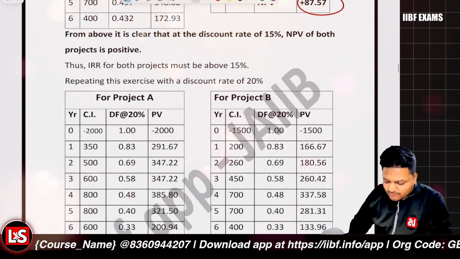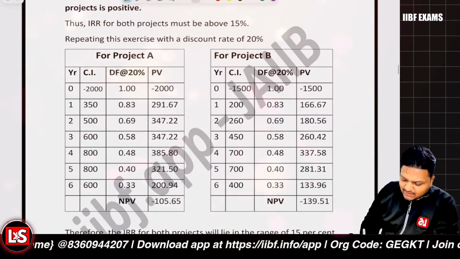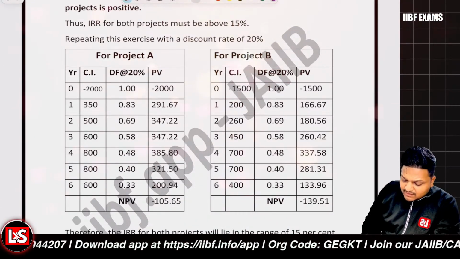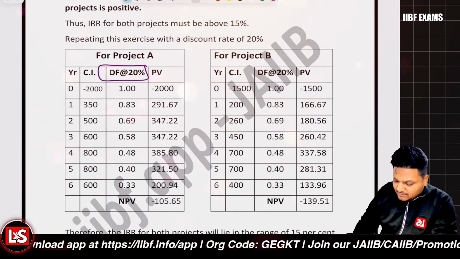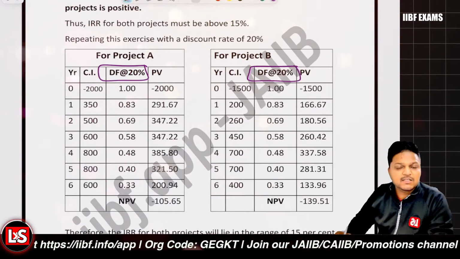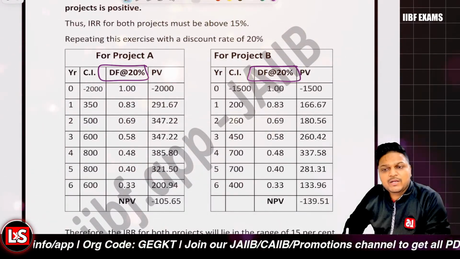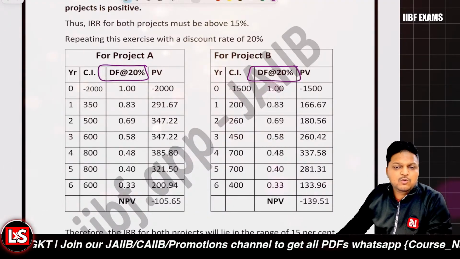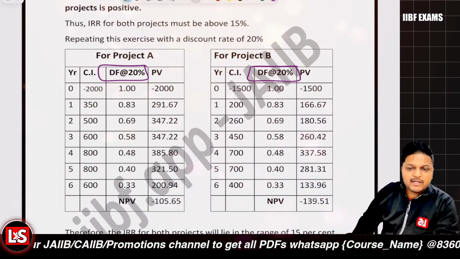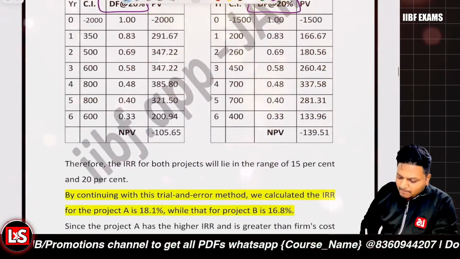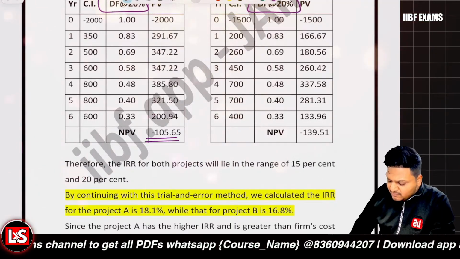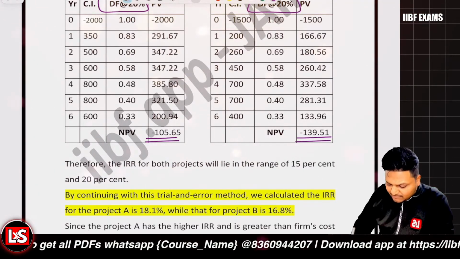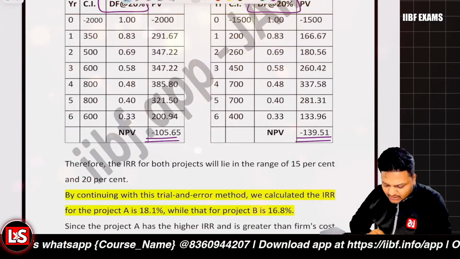Now for the same projects, let's consider the discounting factor to be 20%. Previously we considered the discounting rate to be 15%, but now we use 20%. And now we calculate the NPV. One became minus 105 and the other one became 131.51.